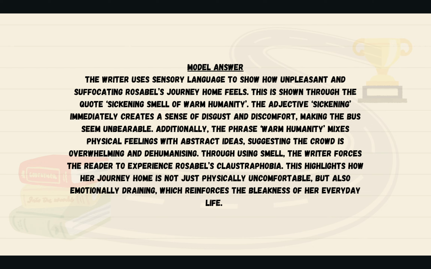The adjective "sickening" here immediately creates a sense of disgust and discomfort, making the bus seem unbearable. Additionally, the phrase "warm humanity" mixes physical feelings with abstract ideas, suggesting that the crowd is overwhelming and dehumanizing. Through using smell, the writer forces the reader to experience Rosabelle's claustrophobia. This highlights how her journey home is not just physically uncomfortable, but also emotionally draining, which reinforces the bleakness of her everyday life.